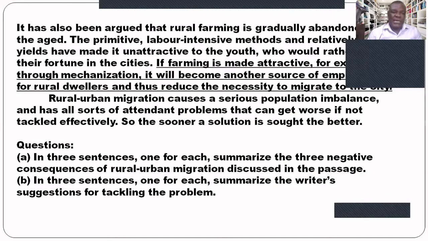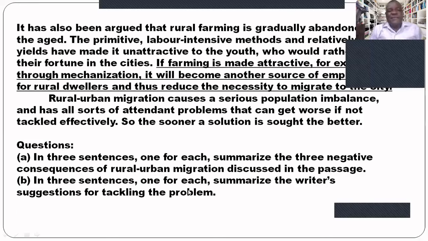So here we are. We begin with the questions. Question A, in 3 sentences, 1 for each, summarize the 3 negative consequences of rural-urban migration discussed in the passage. B, in 3 sentences, 1 for each, summarize the writer's suggestions for tackling the problem.